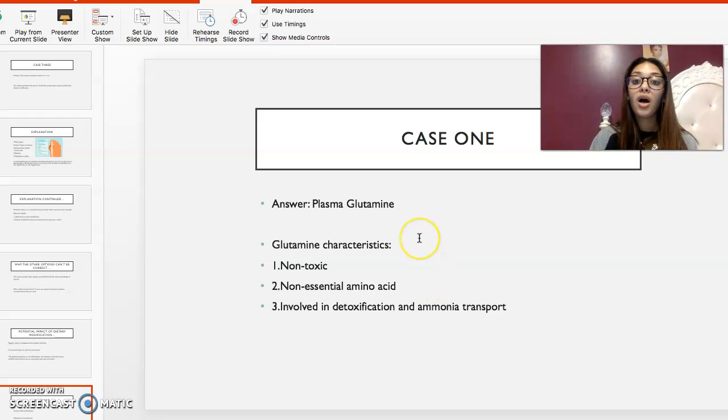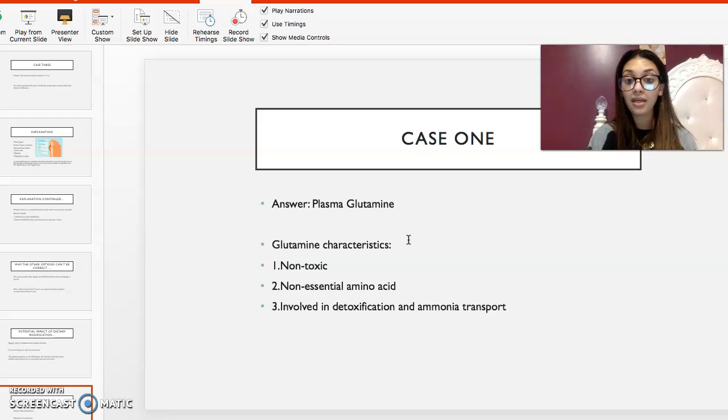The diagnostic that I chose that would be best fit for this was the plasma glutamine, because it seems to be the best diagnostic tool to differentiate between the urea cycle and the beta oxidation defect. So just an overview of glutamine characteristics.